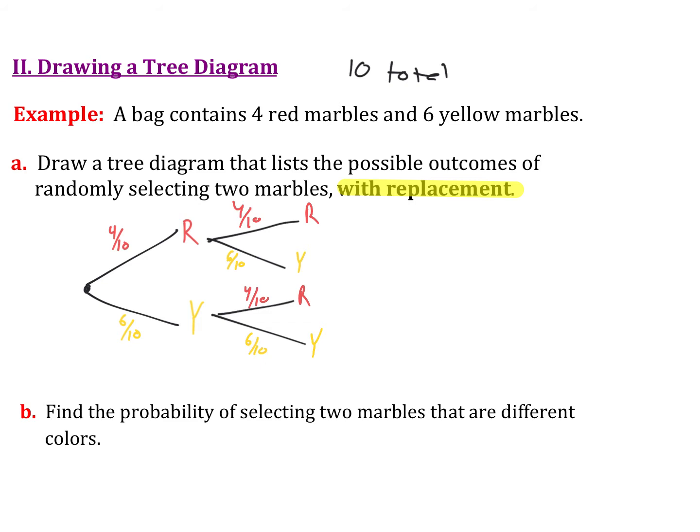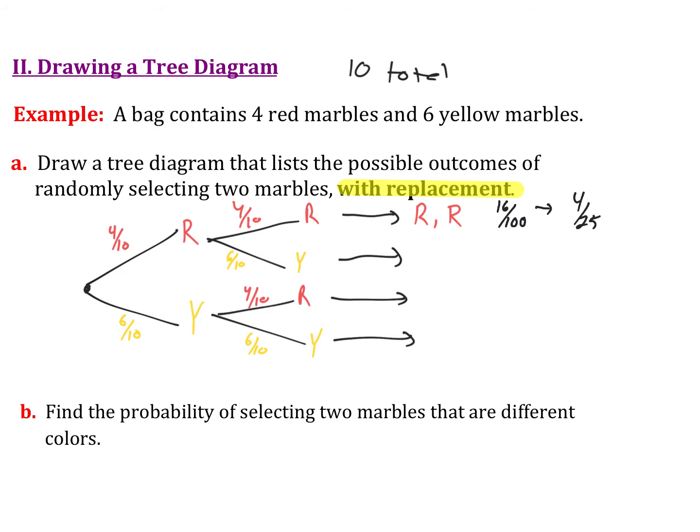Now that we have our tree diagram set, I can compile my data. The likelihood that I draw a red and then another red marble would be 4 times 4 is 16, 10 times 10 is 100. So the probability of that happening is 16 over 100, and that reduces down to 4/25.